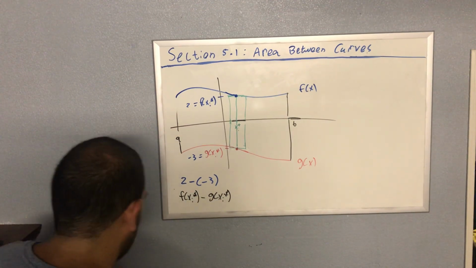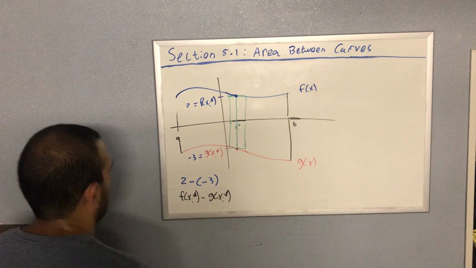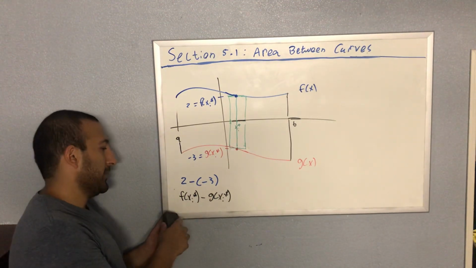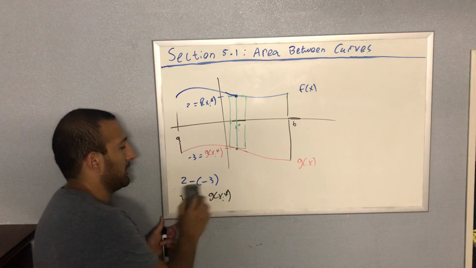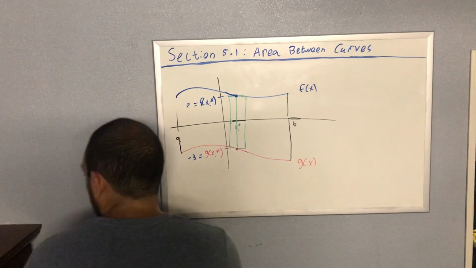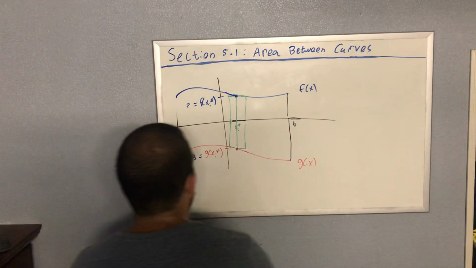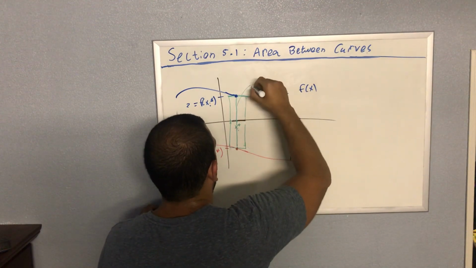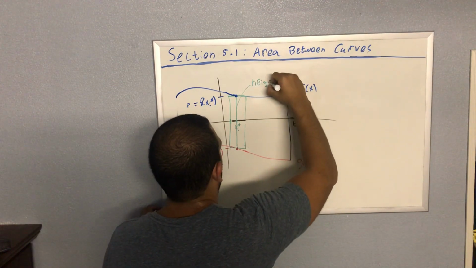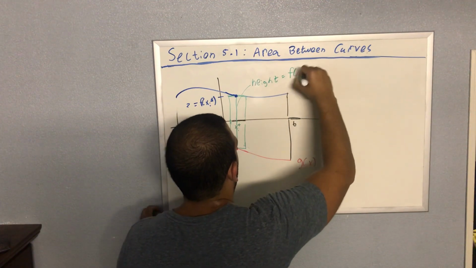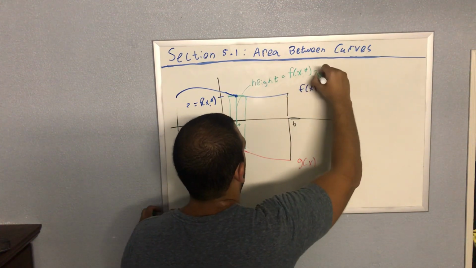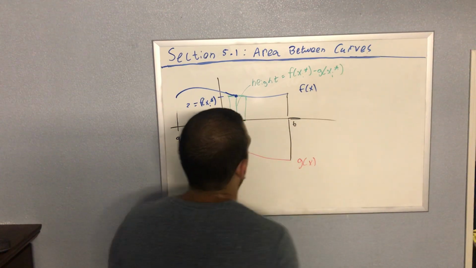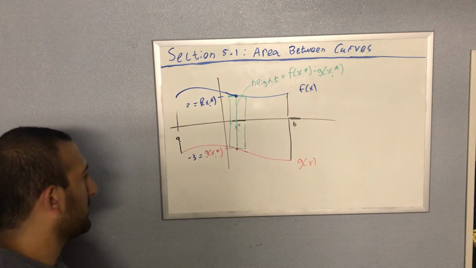So in general, hopefully you see now that the height here is f of x sub i star minus g of x sub i star.